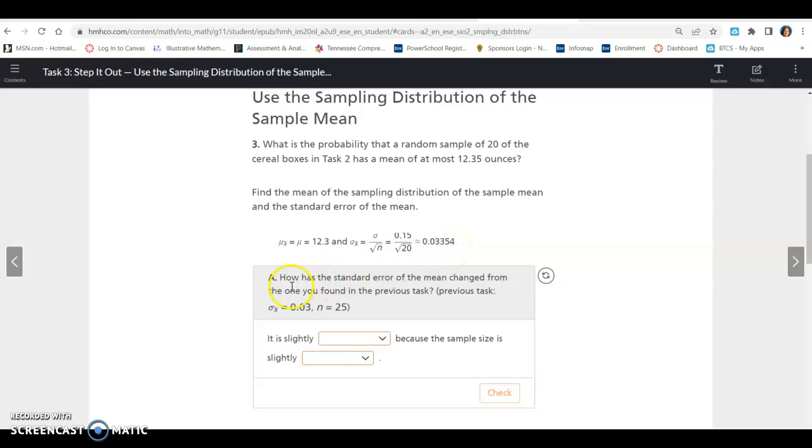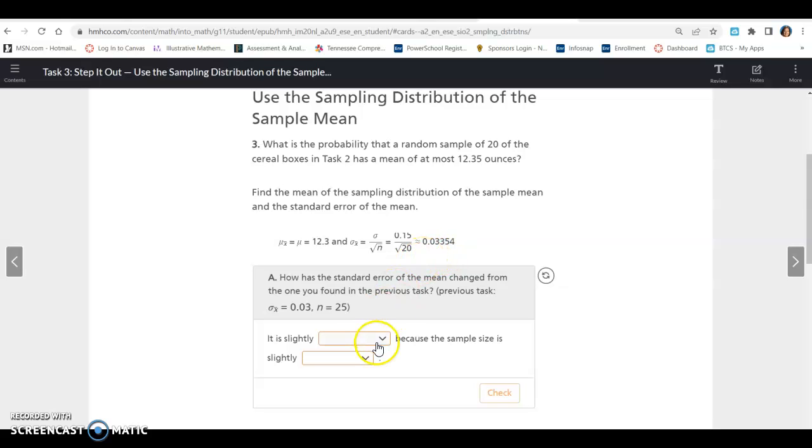All right, so it says, how has the standard error of the mean changed from the one you found in the previous task? The previous task had a standard deviation of 0.03 and a sample size of 25. So this one is 0.03354.